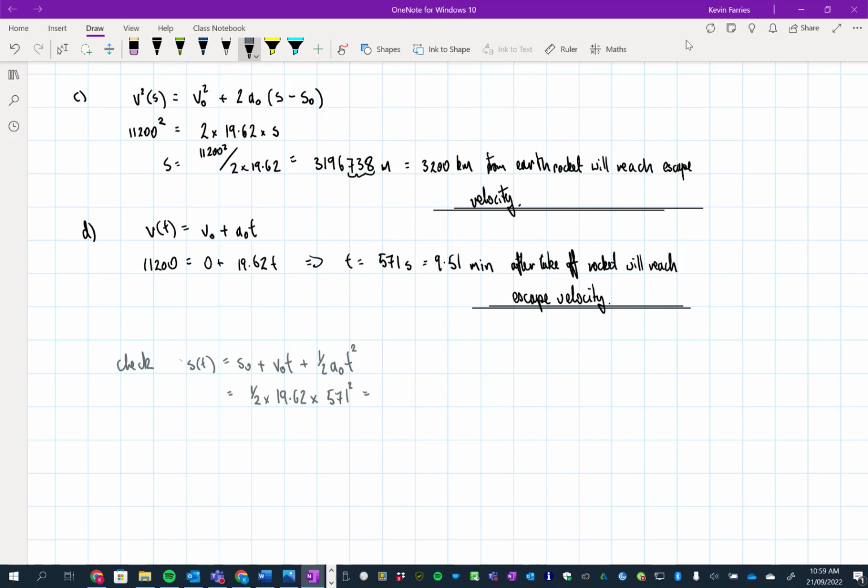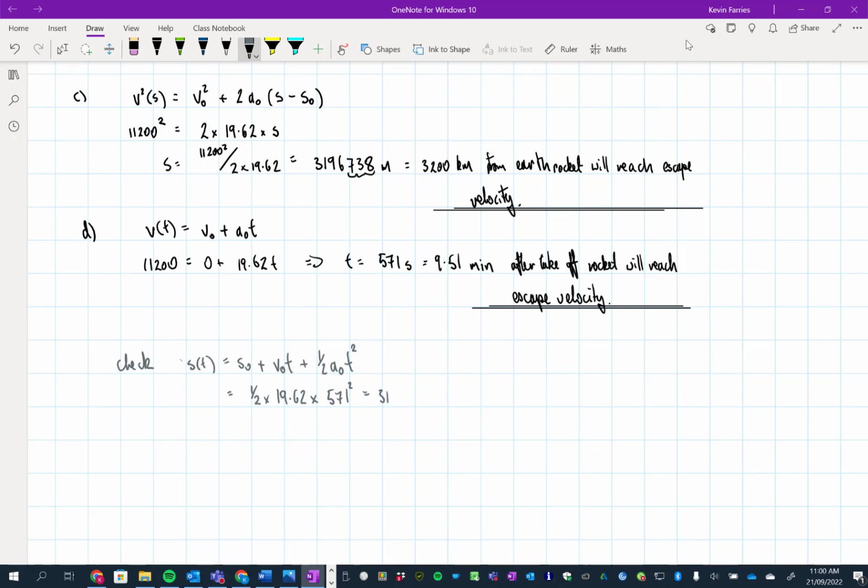How many times am I going to forget that? So it's 0.5 times 19.62 times 571 squared, which is equal to 3.1. Oops, I'm doing it in black. And it comes out to be the same.